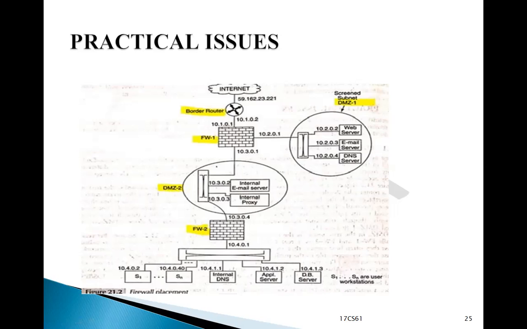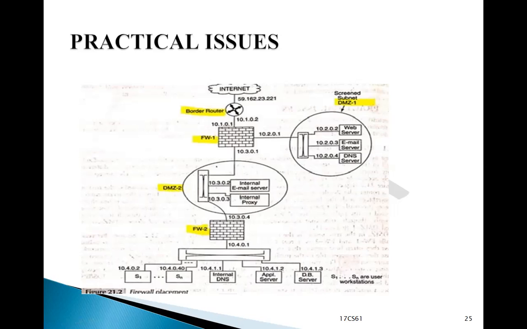Finally, the proxy also performs caching of web pages. As I discussed in the previous session, the main advantage of having the proxy is that caching of web pages can reduce the time and also increase the performance of the system.